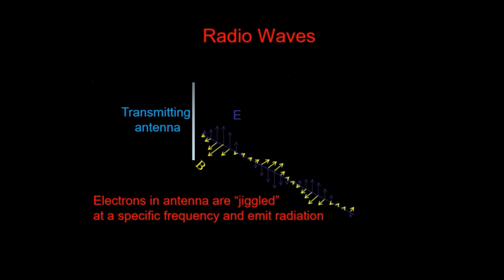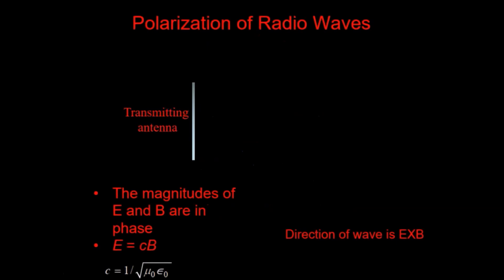If you look at a radio set, usually you'll find it says something in the gigahertz to megahertz range, depending on if it's AM or FM. Digital radio works on a slightly higher frequency. So if we jiggle our electrons, we will get radiation at the frequency at which we're moving our electrons up and down. That's our transmitting antenna.